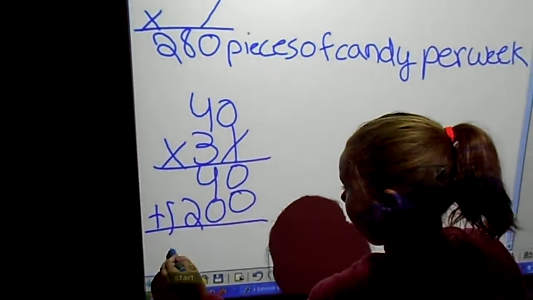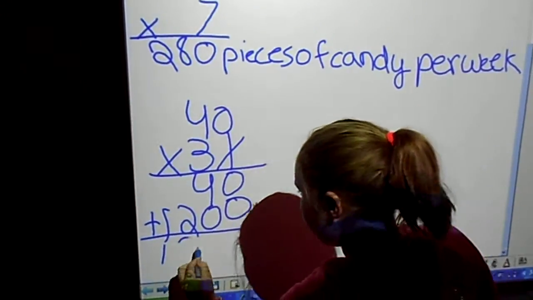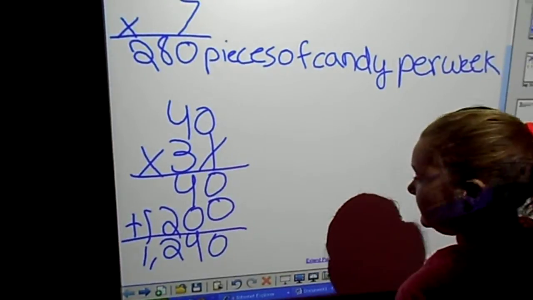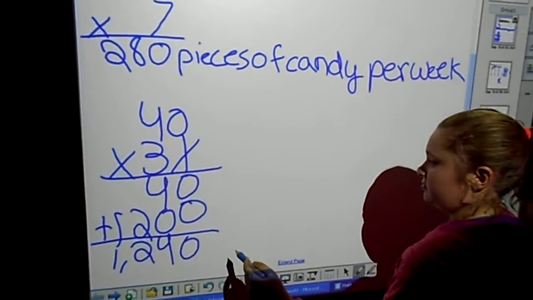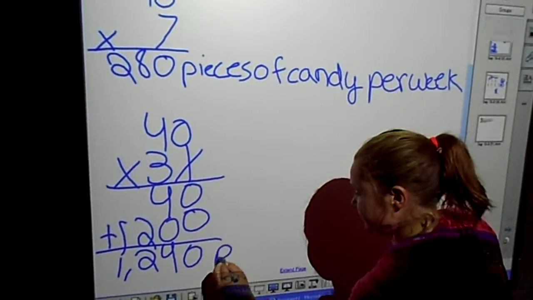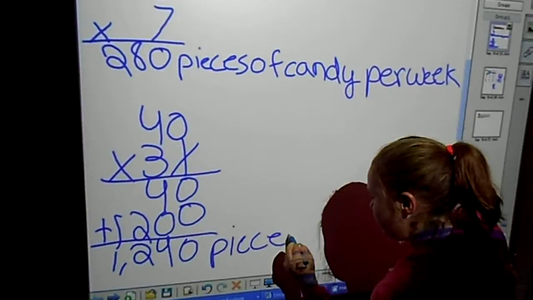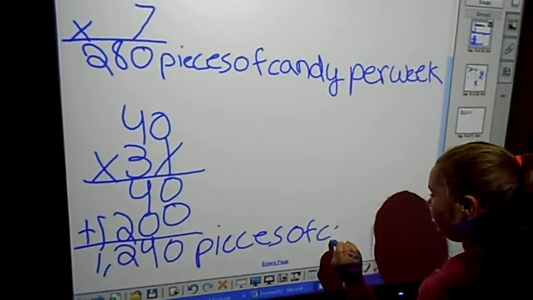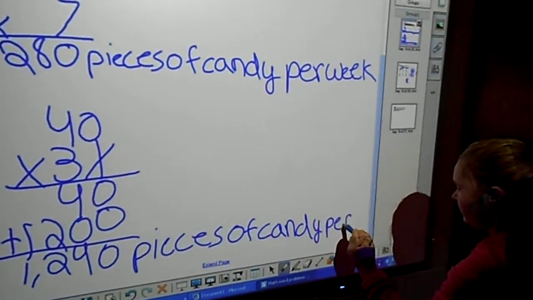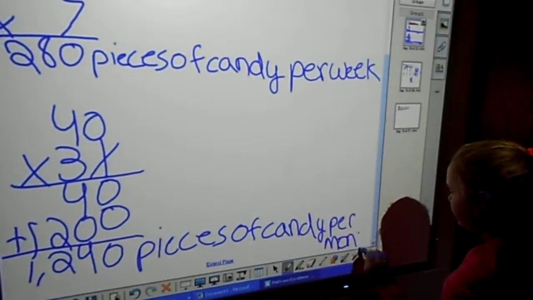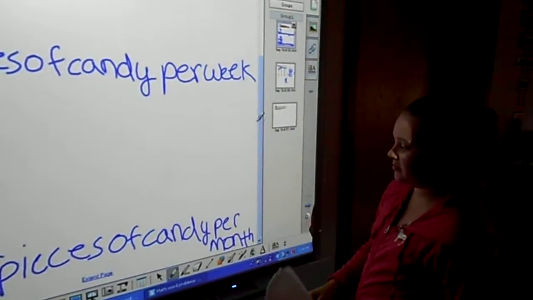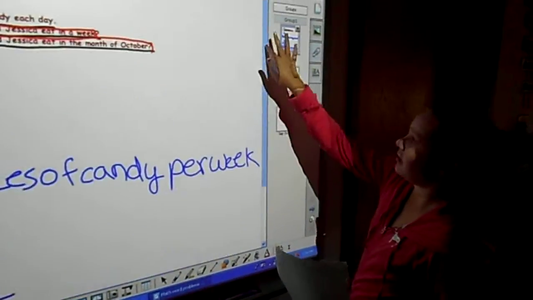So the answer would be 1,240 pieces of candy, and it would be 1,240 pieces of candy per month.